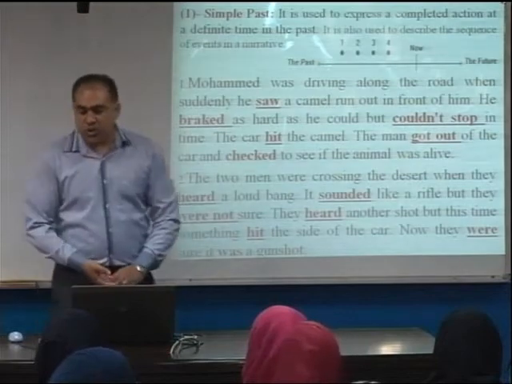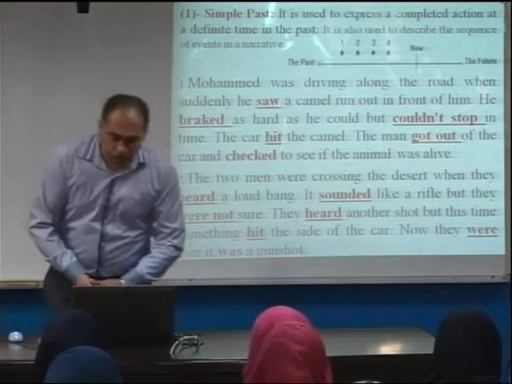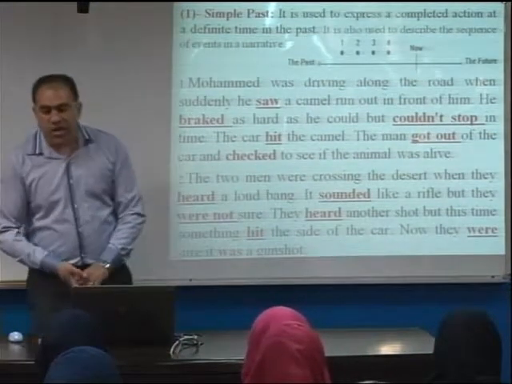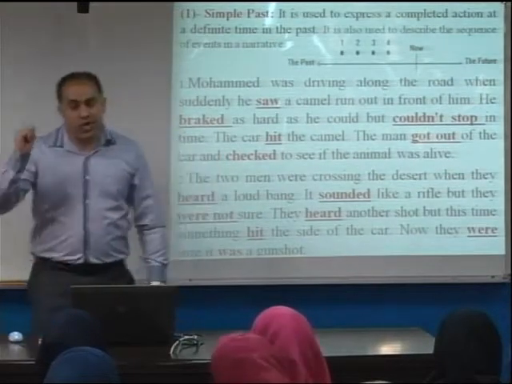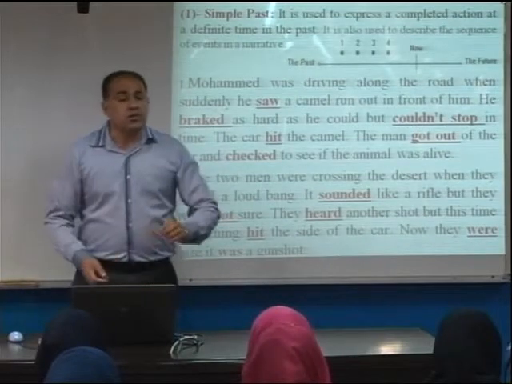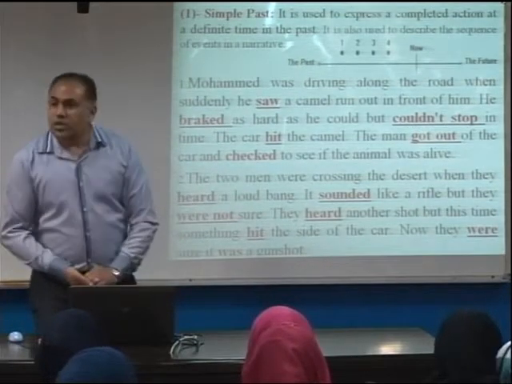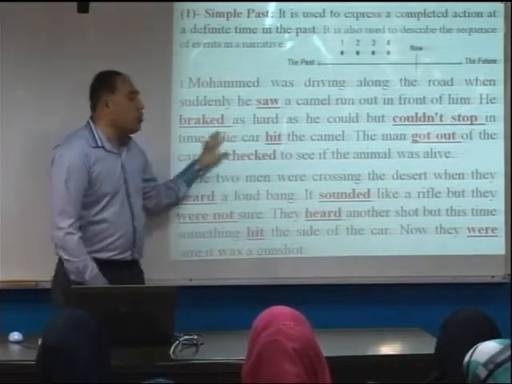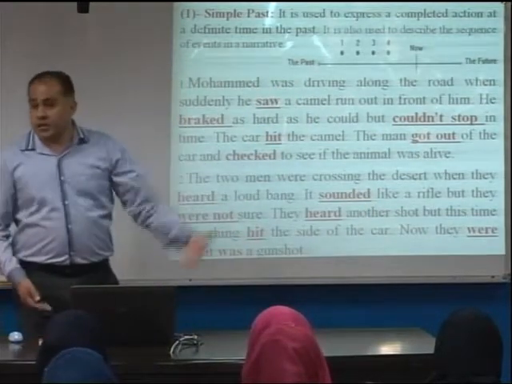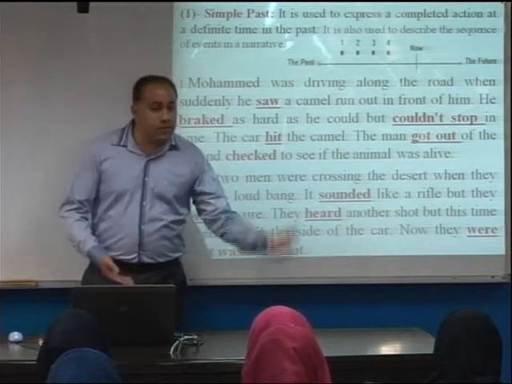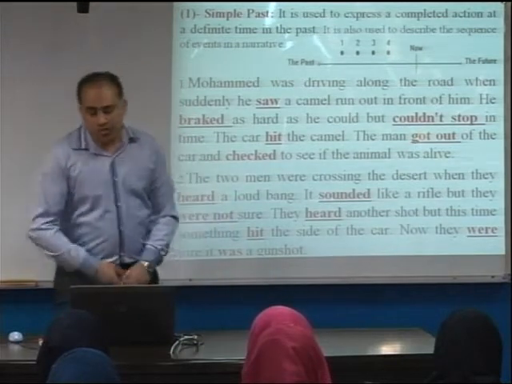They heard another shot, but this time something hit the side of the car. Now they were sure, at that time, not now at this moment, at that time they were sure it was a gunshot. So we see here all verbs in the past because we are narrating things that happened and finished in the past.